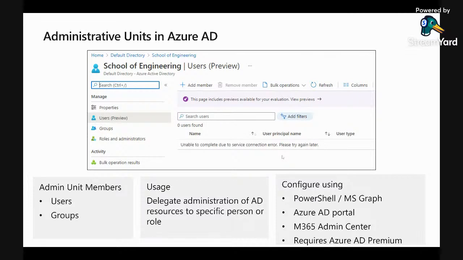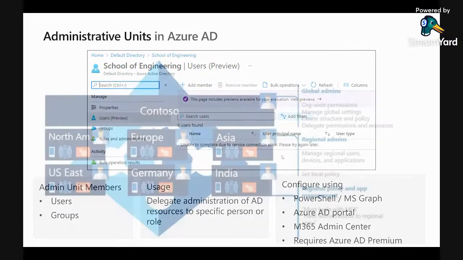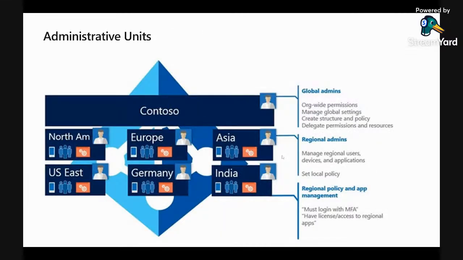You can create administrative units and define members of administrative units even with the Azure AD free subscription. However, to use it to delegate access or administrative responsibilities, you need either a P1 or a P2 subscription.